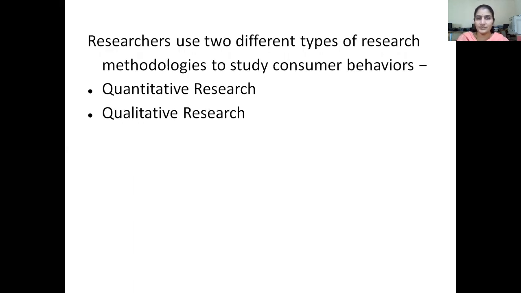Researchers use two different types of research. Researchers basically use different kinds of research methodologies, but the two important types to study consumer behavior are, first, quantitative research, and then qualitative research.